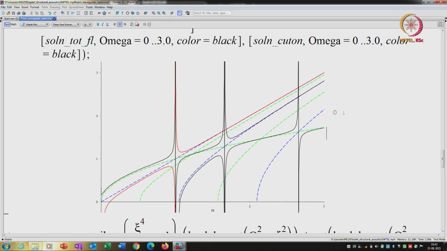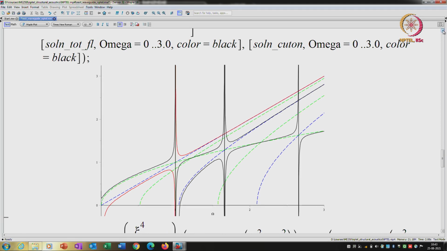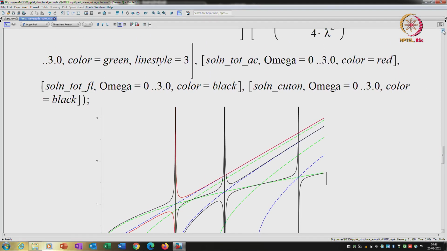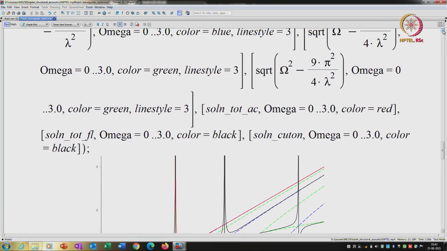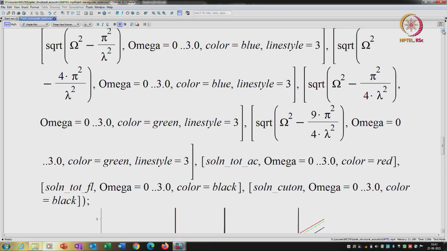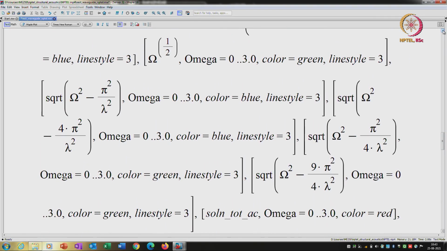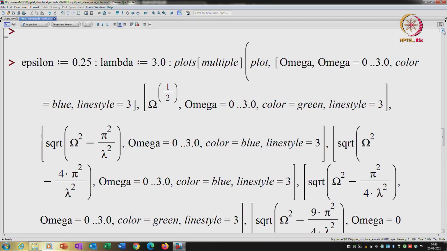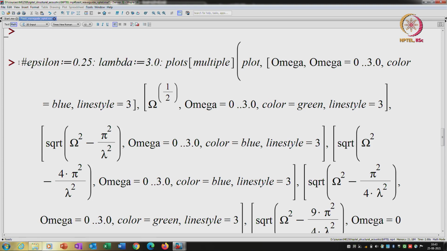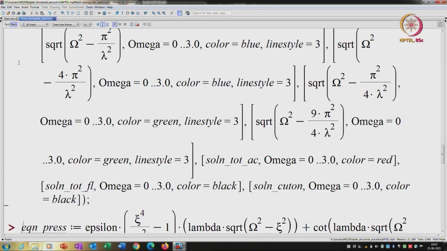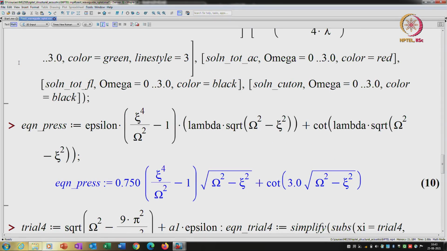Now, these are values of small epsilon. So I will show you what happens for large epsilon value. I will comment this picture. Now I am doing a pressure release solution here. Let me start over.